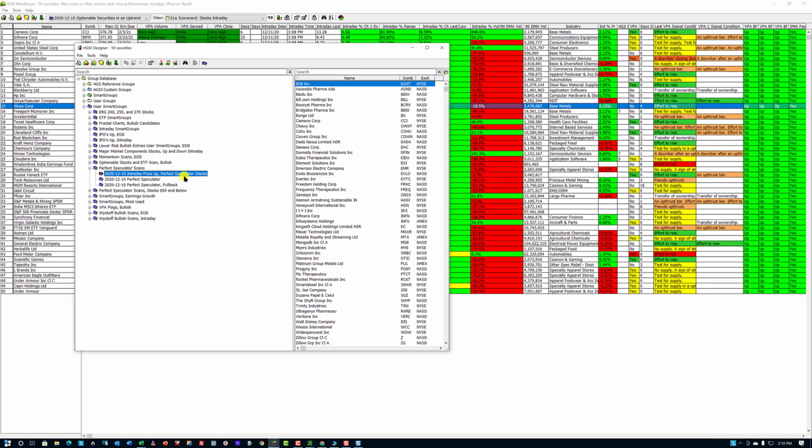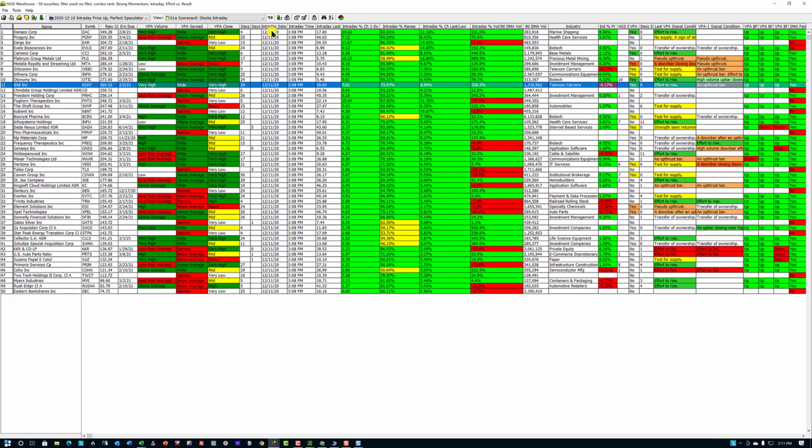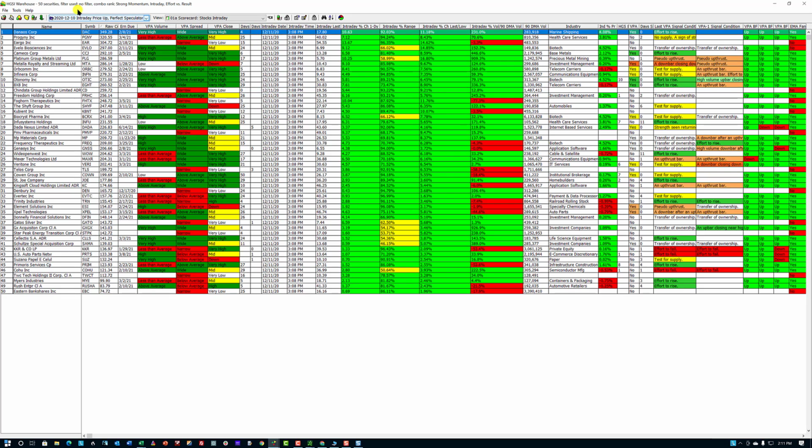So intraday price up, Perfect Speculator stocks. I'll just go to the 50 and below. If this area is populated over here, you know you did it correctly. So this is a list of Perfect Speculator stocks that are up today.